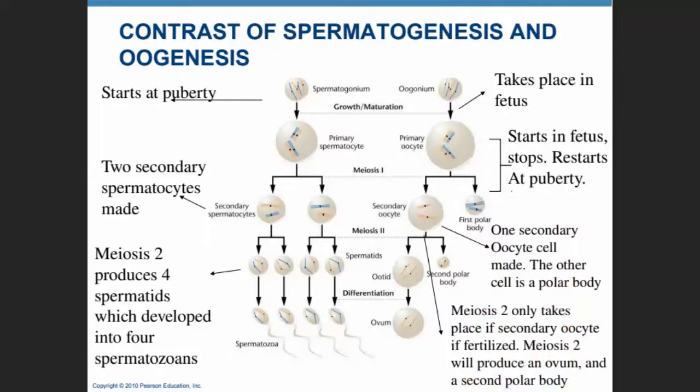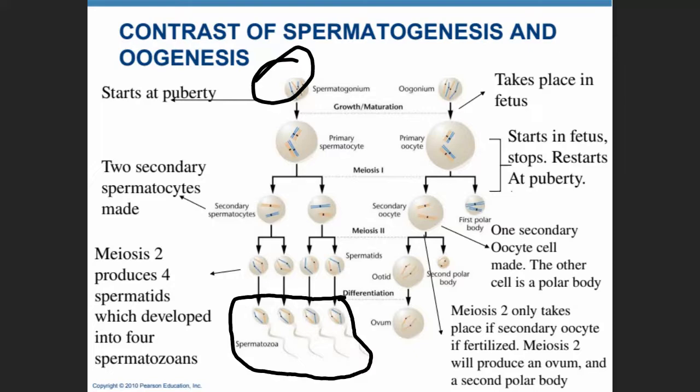This slide is contrasting and comparing spermatogenesis with oogenesis. Remember that spermatogenesis begins at puberty, and it is a continuous event that gives rise to 4 spermatozoa per spermatogonia. On the other hand, oogenesis begins in the fetus. It is arrested, and continues after puberty.